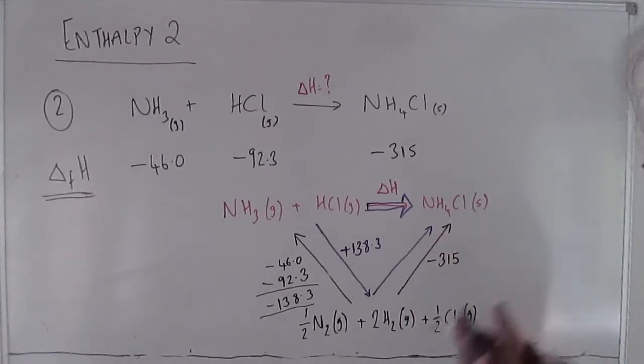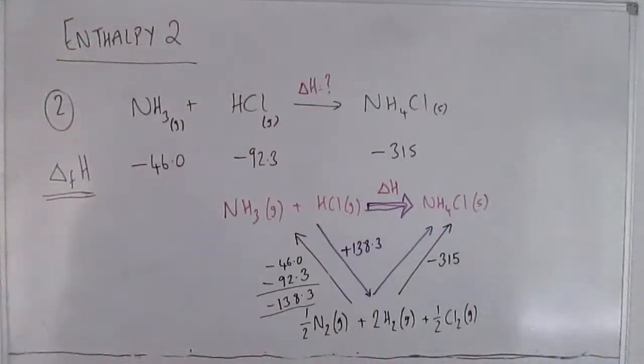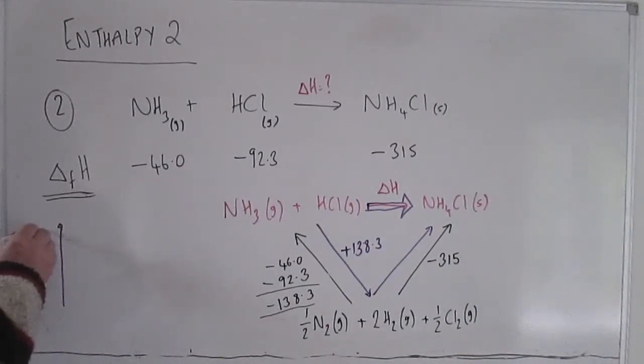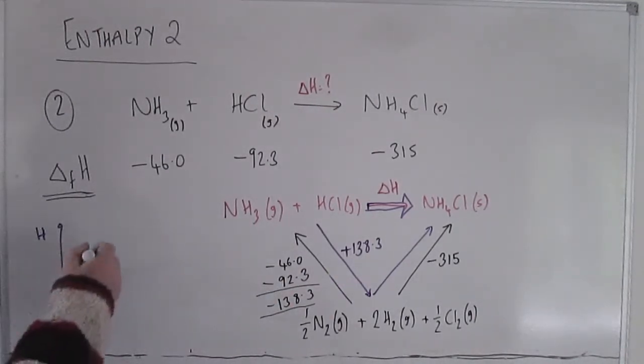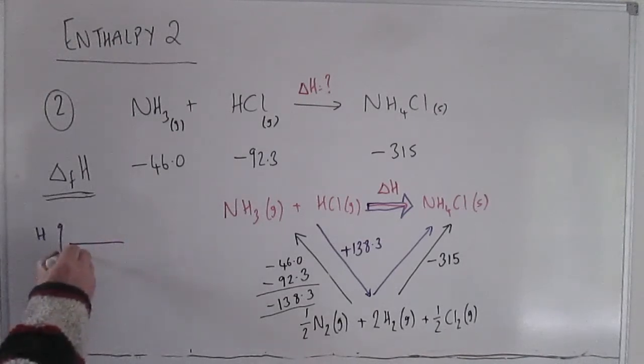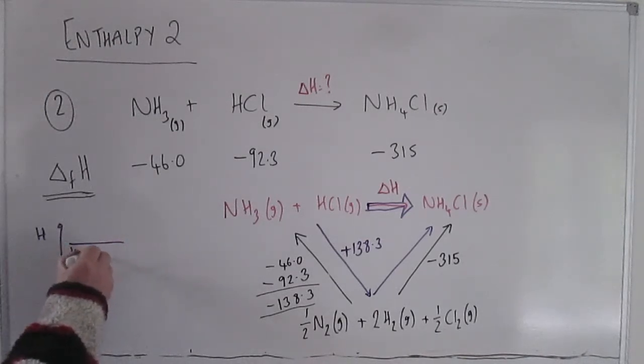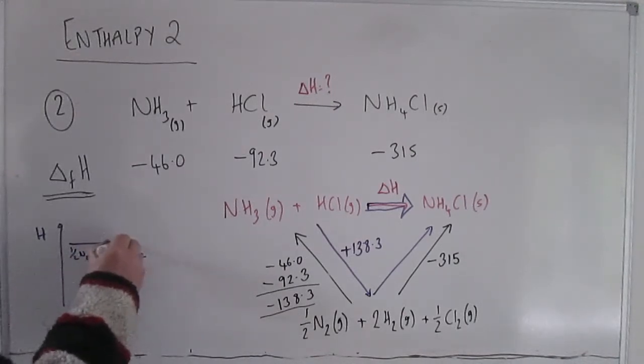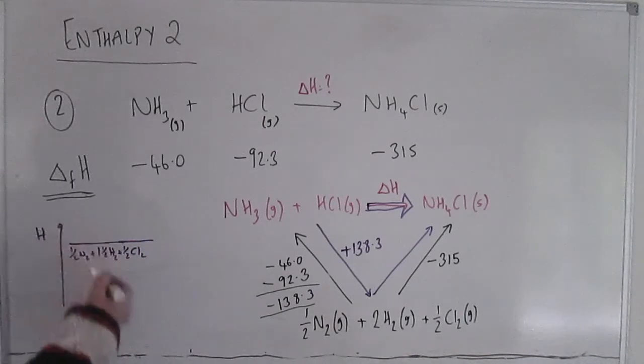If you're not completely convinced about that, let's think of it on a graph here. If we put enthalpy on this axis up here, we can mark these 2 states on there. So we can say, right, here's our half mole of nitrogen plus 1.5 moles of hydrogen plus half a mole of chlorine. Okay, so that's that energy level or enthalpy level.